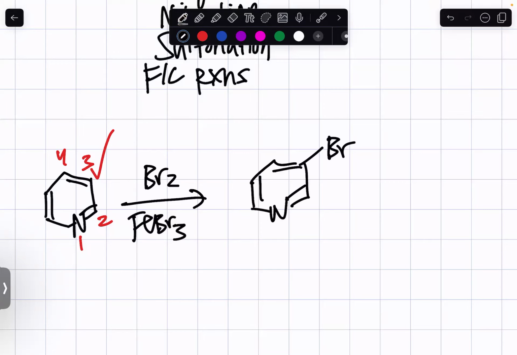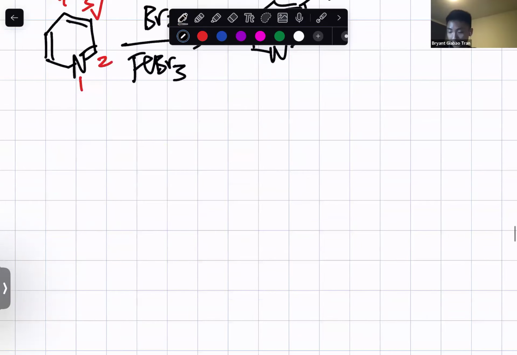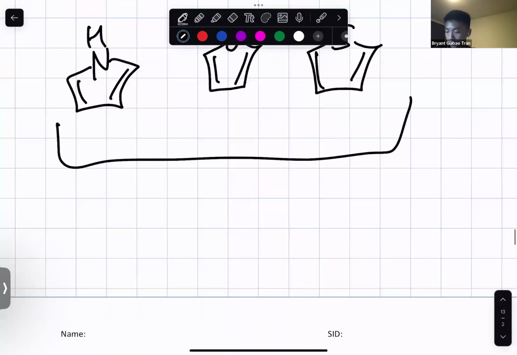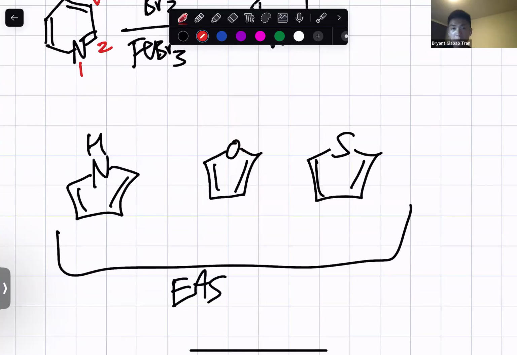That's different than these 5-membered rings here: the pyrrole, the furan, the thiophene, right? These right here, you only gotta worry about the EAS reactions. Do you know which position the electrophile would prefer to attack on, A or B? I'm trying to remember.